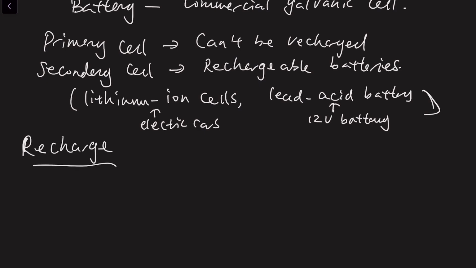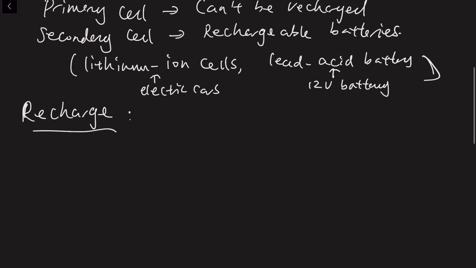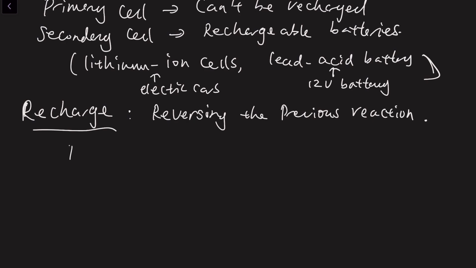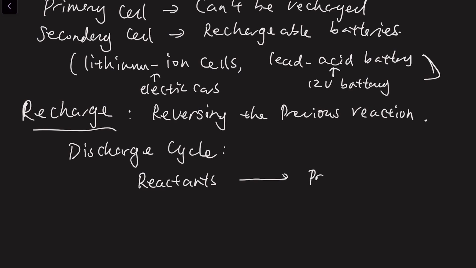So what do I mean by recharging the battery? This is actually reversing the previous reaction. During the discharge cycle, so when you are using the battery, some of your reactants are converted into products.